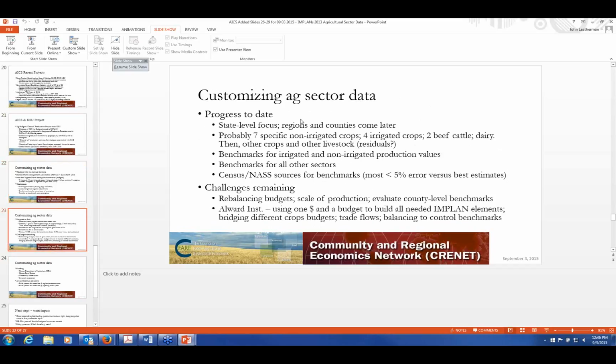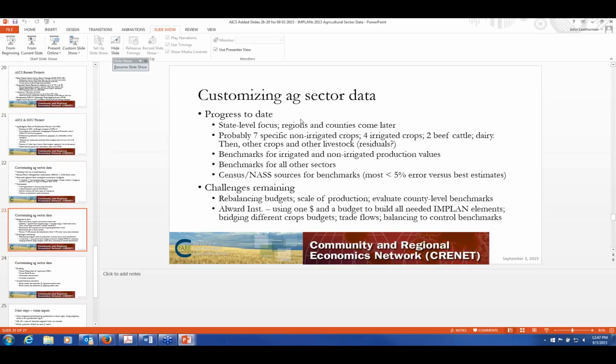Just to give you a sense of progress to date, on my end, essentially I'm sticking right now with a state level focus. I'll worry about busting it up into regions and counties at some later point. It looks like I'm probably going to be able to end up with 7 specific non-irrigated crops represented, 4 irrigated crops, 2 types of beef cattle enterprises, as well as a dairy sector.